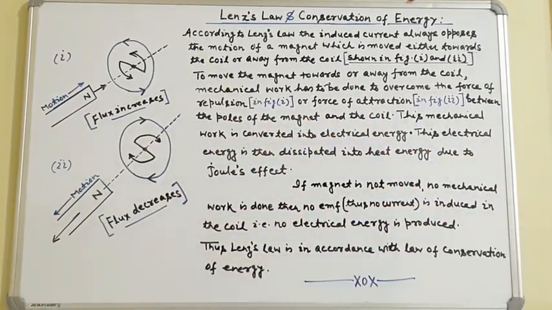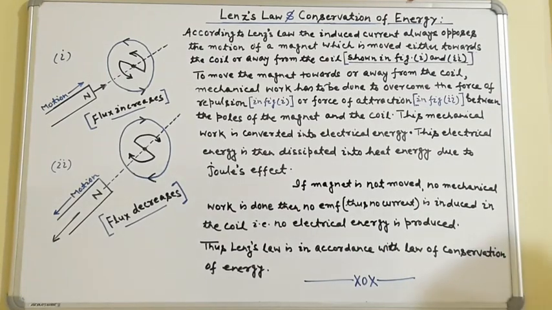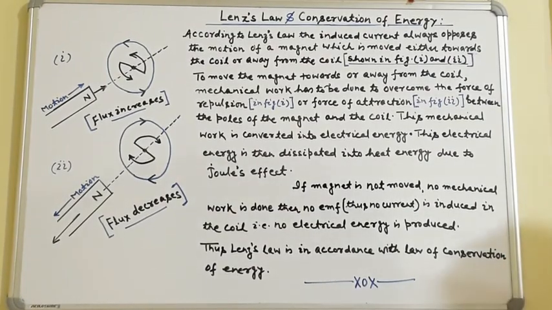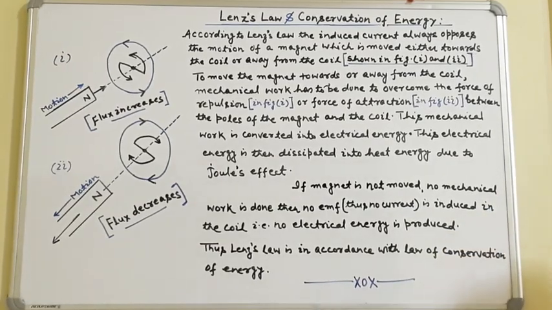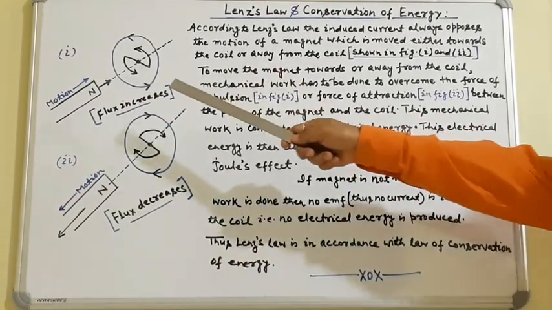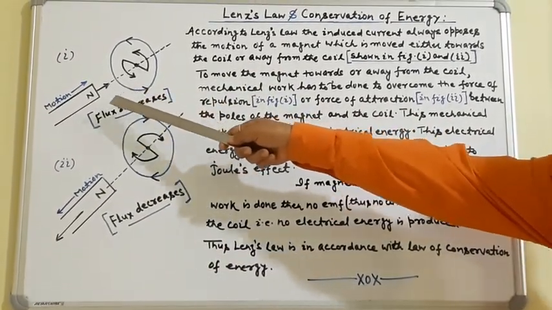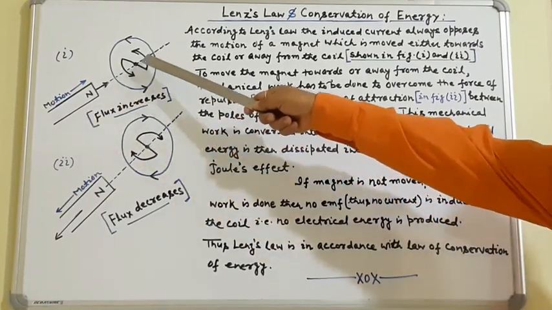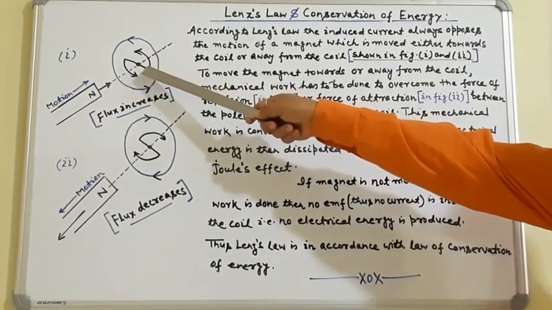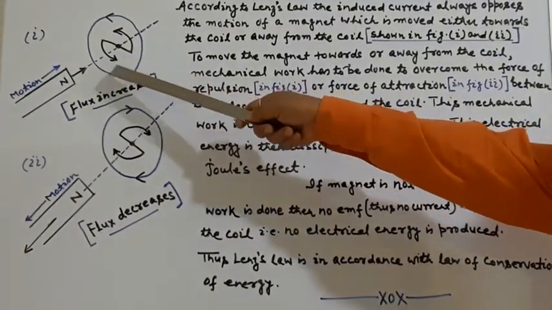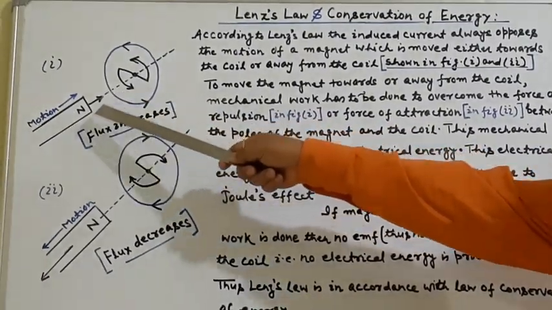Students, we know that according to Lenz's law, the induced current always opposes the motion of the magnet. For example, in figure 1, when the north pole is moved towards the coil, north polarity is developed and the coil will repel the magnet.